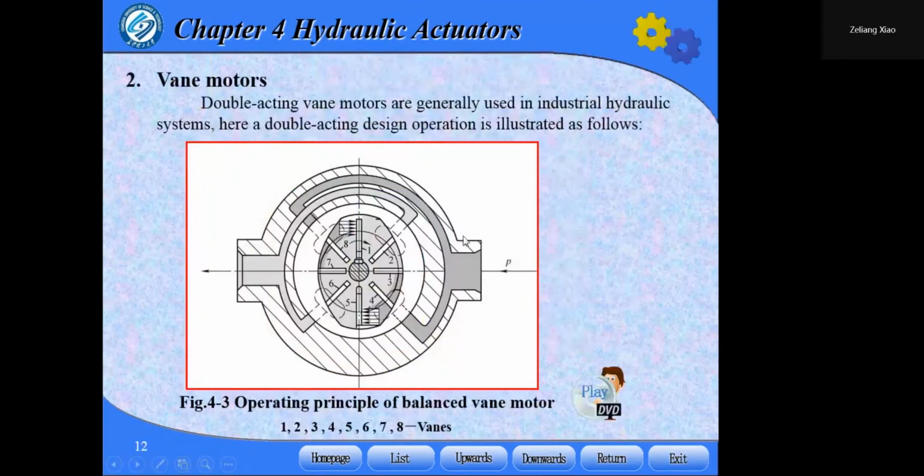Okay, I'll explain the operating principle.